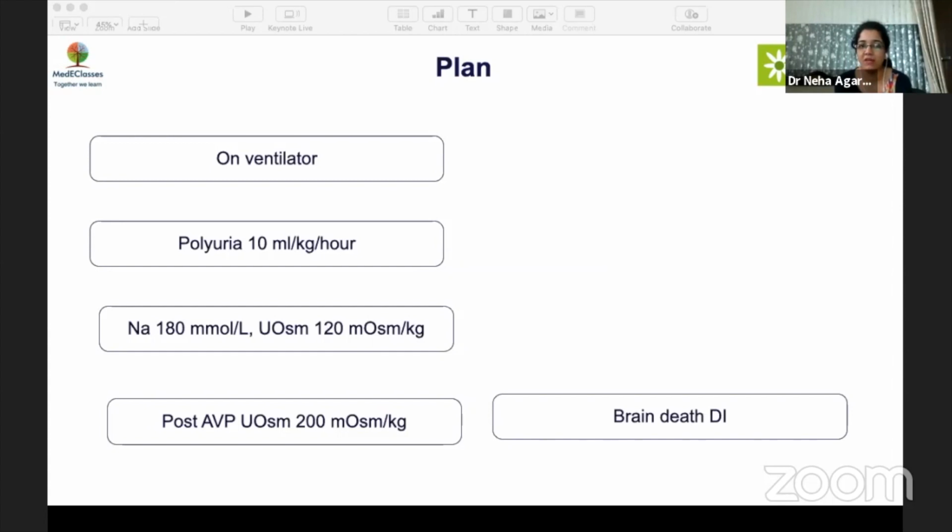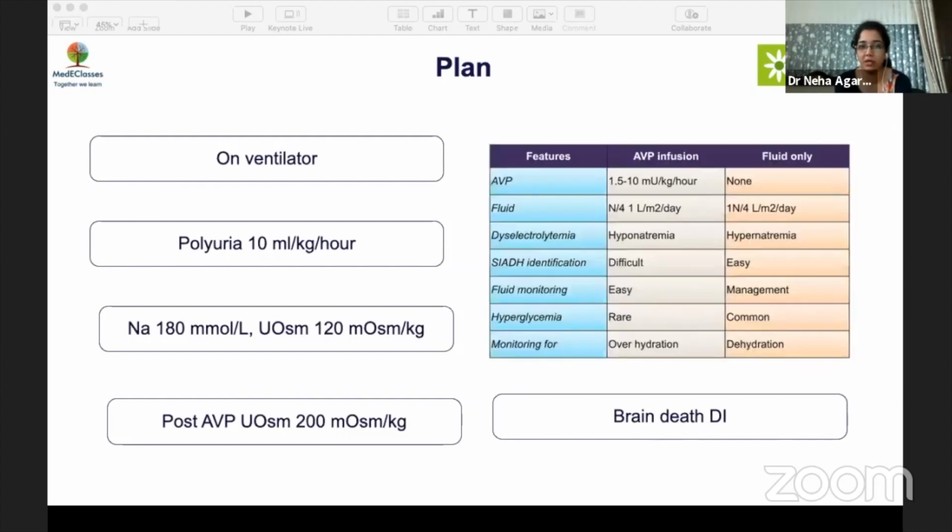There are two options in management: either give fluid only, or manage the patient with fluid therapy along with ADH infusion. ADH infusion is started at a rate of around 1.5 to 10 milliunits per kg per hour. We should always start with a low dose and then taper according to the urine output. With fluid only therapy, we need to balance the therapy according to the sodium levels.